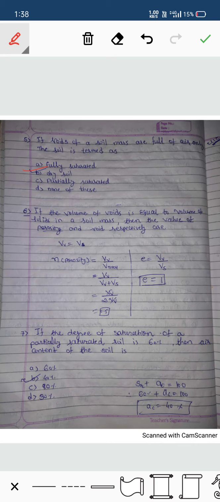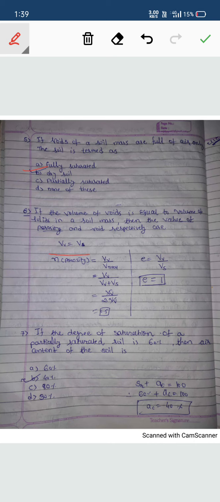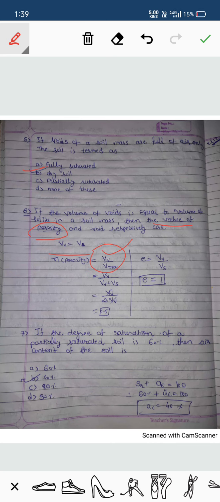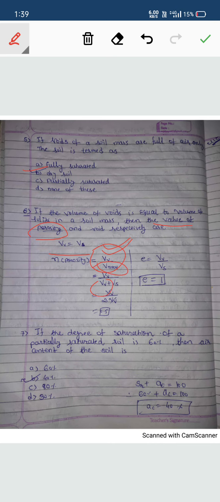If the volume of the void is equal to the volume of the solid in the soil mass, then the value of the porosity is given by the direct formula: volume of void upon total volume, where total volume is void volume plus solid volume.